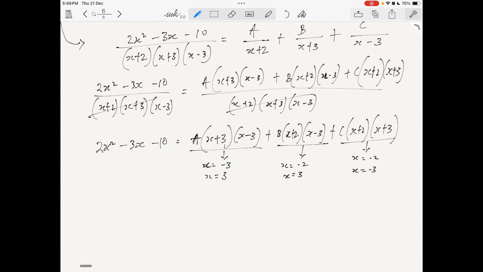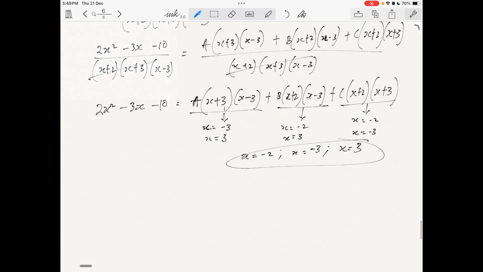Okay, we have x to be minus 2, we have x to be minus 3, and we also have x to be 3. So if we use these 3 and start with them one at a time, then we'll be able to evaluate which is which.